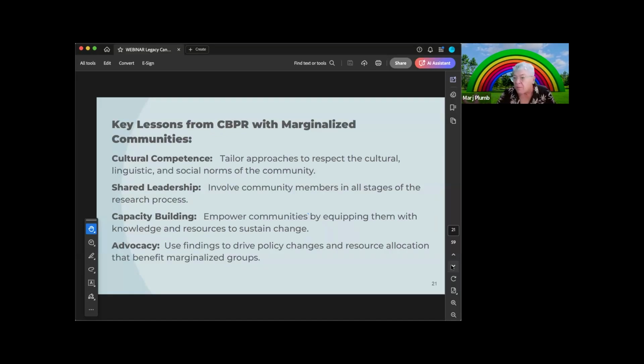Number one, cultural competence. You have to tailor your approaches to respect the cultural, linguistic, and social norms of the community that you're doing research with. Shared leadership. Involve community members at all stages of the research project.